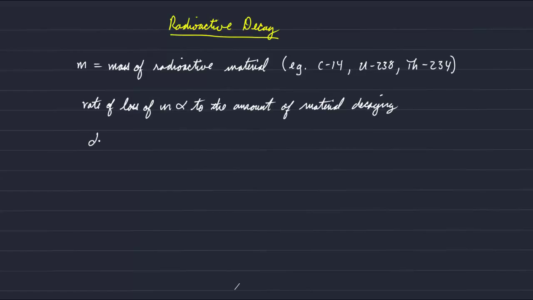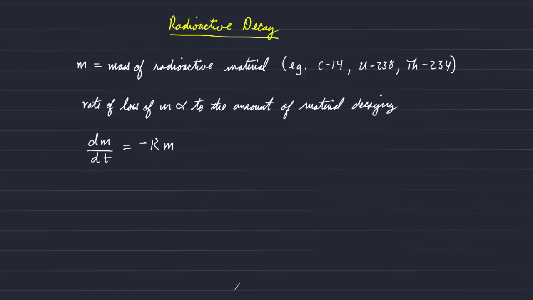So dm/dt, the rate of decay, is equal to, so it's negative because the mass is decreasing, the constant of proportionality is the decay constant k, and then we have m.